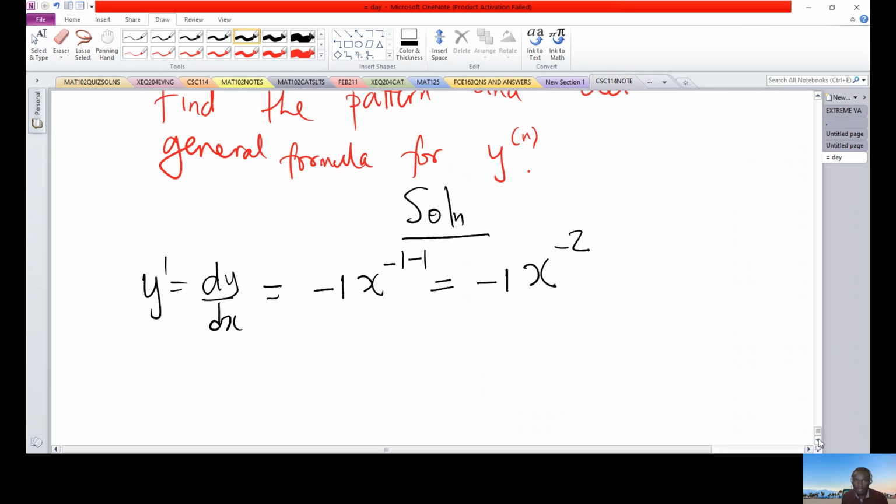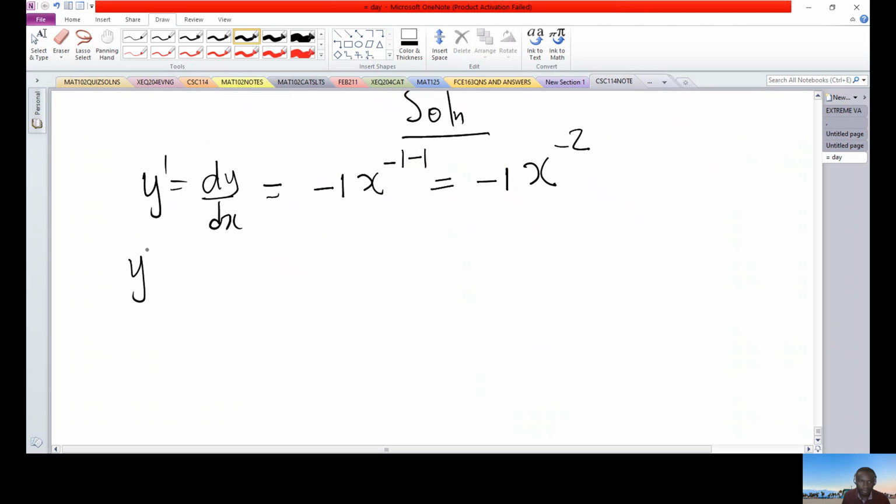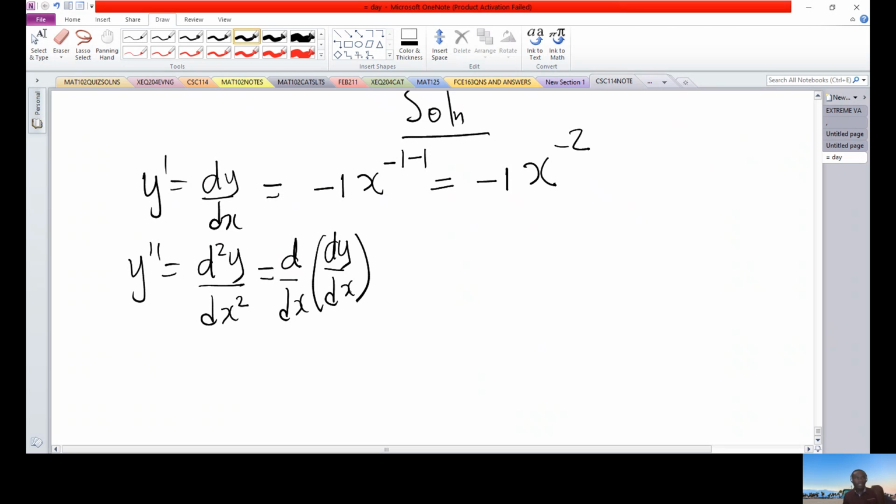And then the second derivative, you get by differentiating the first derivative. So this is given by the derivative of the first derivative. You can't get the second derivative if you don't know the first derivative. When you differentiate this one, the power will drop.